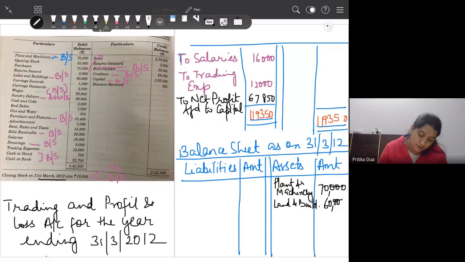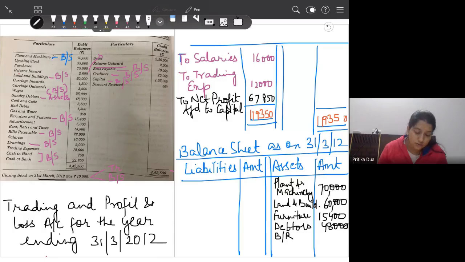After that you have debtors. Okay, before that I'll write furniture and fixture because furniture again is a fixed asset, long-term asset, so 15,400, and then I write debtors. Bills receivable.